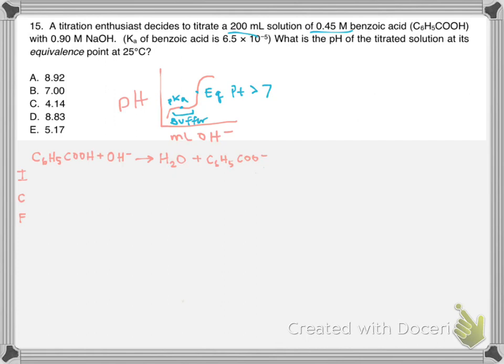And we're going to go ahead and take the liters times the molarity, which is moles per liter, to get out moles. And so that gives us 0.09 moles of our benzoic acid. And the definition of equivalence point is when the moles of our acid are equal to the moles of our base. And so here for hydroxide, we're also going to have 0.09 moles.